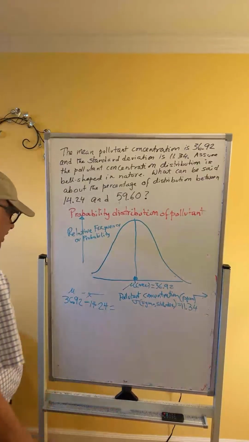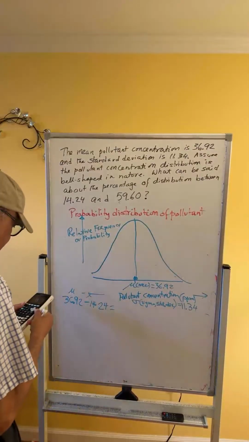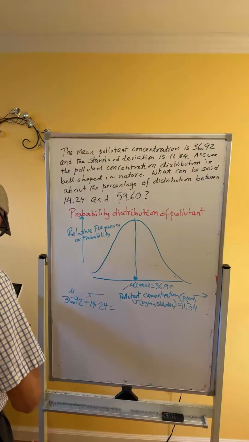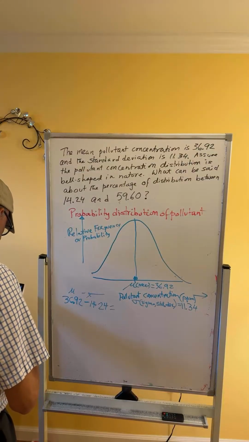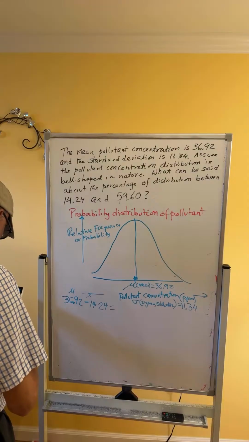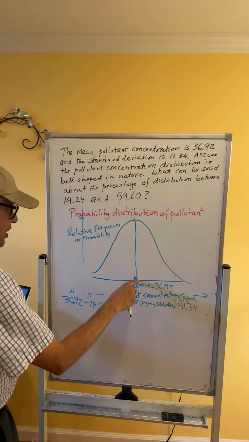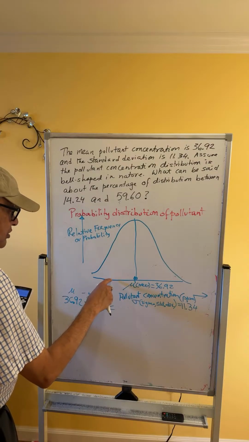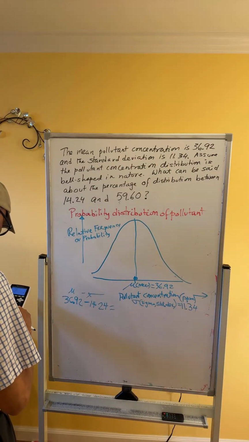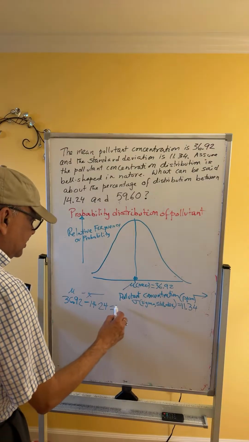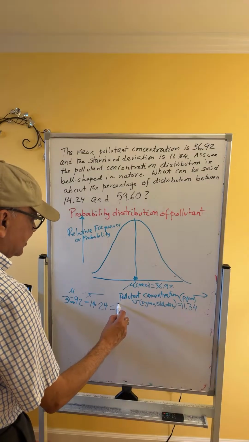So let's use my calculator. 36.92, being greater, minus 14.24 is 22.68.